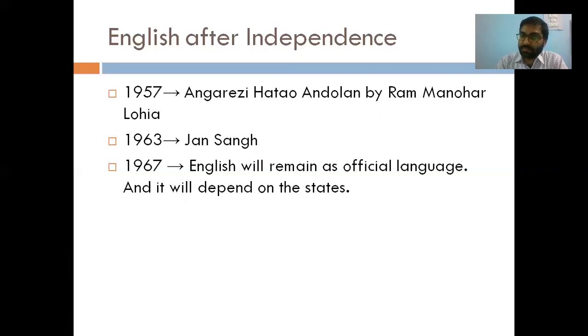After that, in 1967, it was accepted that English will remain, but it depends on the states whether they accept it as official language or not. It all depends on the states.